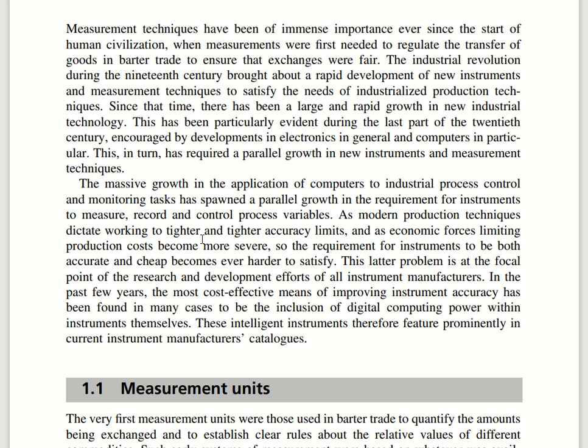And in the past few years, the most cost effective means of improving instrument accuracy has been found in many cases to be the inclusion of digital computer power within the instruments themselves, which, what do we use? We use sensors, right? And these intelligent instruments therefore feature prominently in current instrument manufacturers' catalogs.